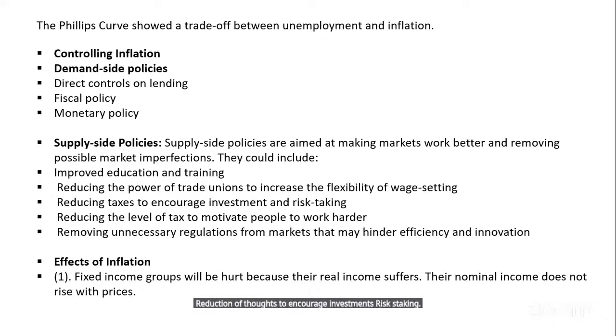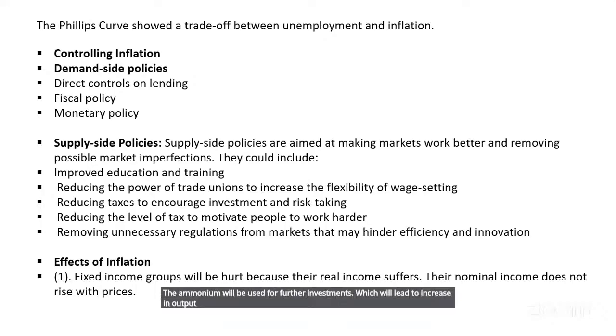If government reduces company tax on producers, the money will be used for further investment, which will lead to an increase in output of goods and services, and it will automatically lead to a reduction in what? Inflation. Reduction of the level of tax to motivate people to work harder.